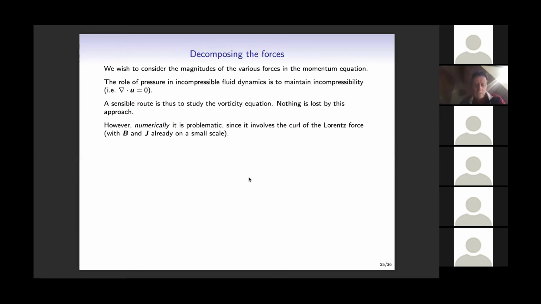And there is some discussion about how you should do this. Our take is that it's incompressible, it's Boussinesq. So pressure, as you all know, is a funny beast in Boussinesq or incompressible fluid dynamics. It's crucial, but it's crucial to make sure the flow is incompressible.